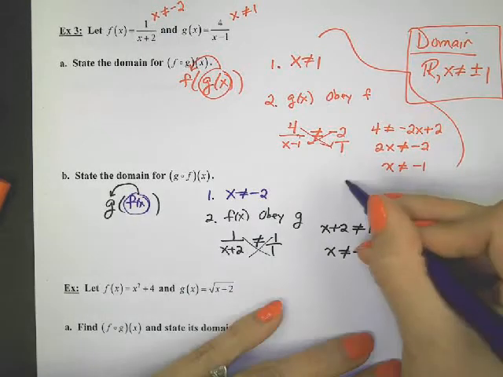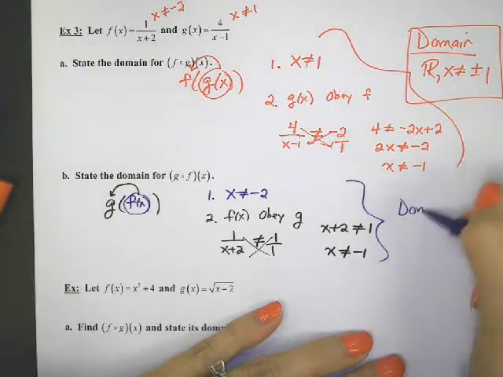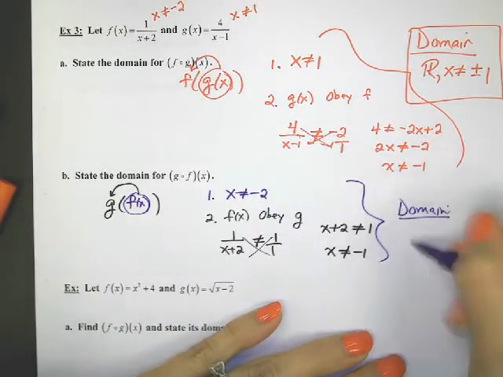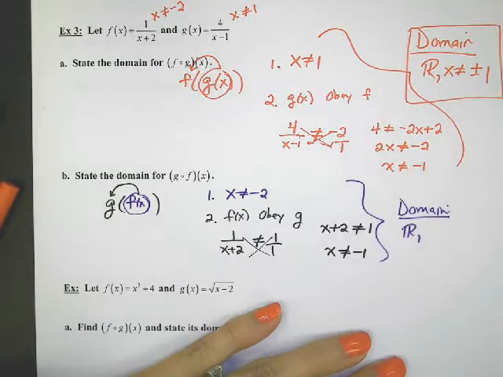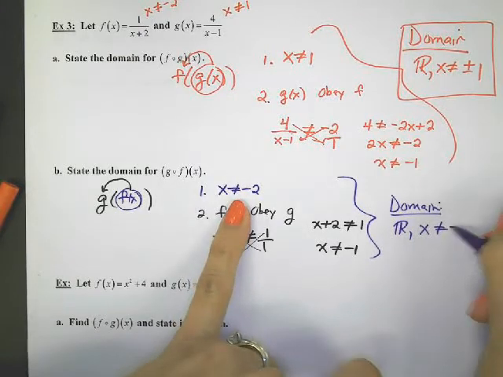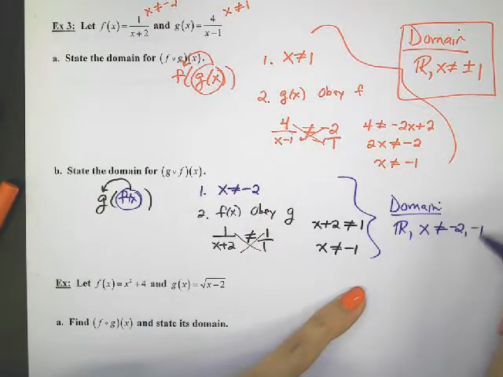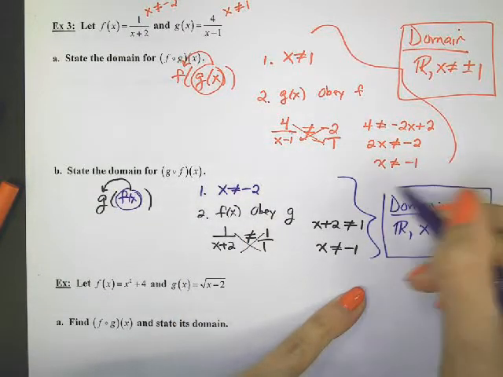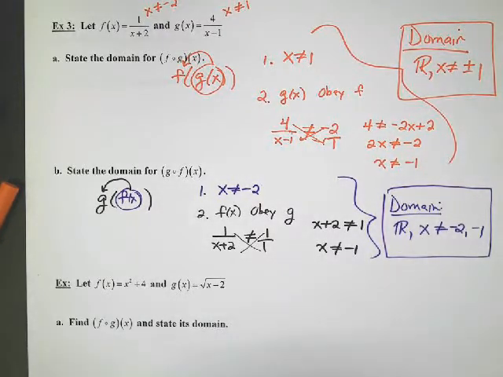So let's put these two steps together for our domain answer. Okay, all reals except x cannot equal negative 2 or negative 1. Please don't try to find a different way. I found a nice easy way of doing this, and it works half the time because that's not going to work.